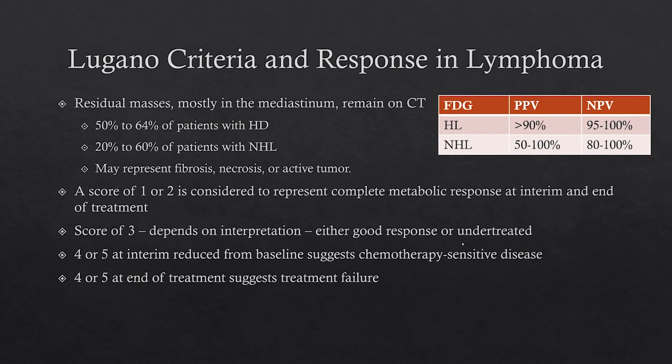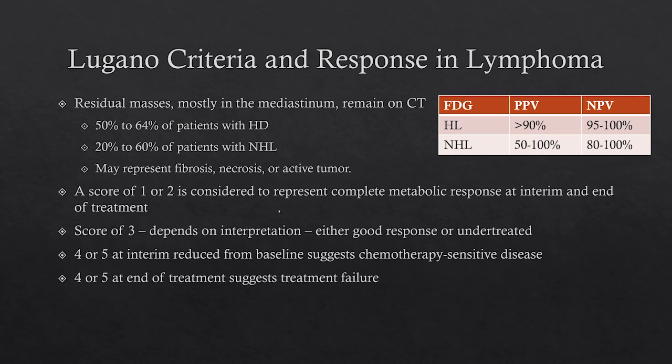Looking at the Lugano criteria and response in lymphoma, if we have residual masses in the mediastinum that are seen on CT, we will see this in about 50 to 64% of patients with Hodgkin's, 20 to 60% with non-Hodgkin's. It could represent either fibrosis, necrosis, or active tumor.